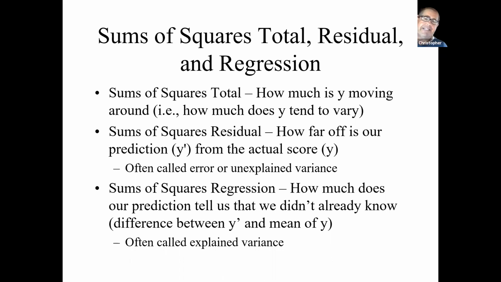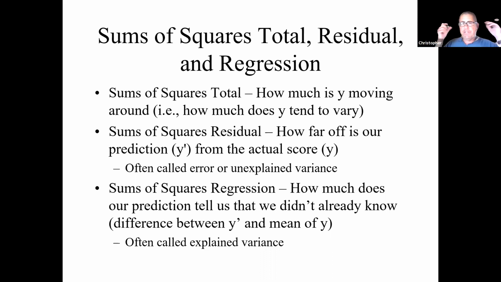What this is asking is what does Y prime tell us over and above what the mean already tells us? And one thing that we'll see is if we have absolutely no relationship between our two variables, Y prime will actually be equal to the mean. It'll be the same thing as the mean. So how much does this tell us that we wouldn't already know by knowing the mean?